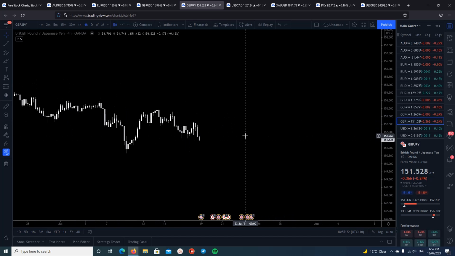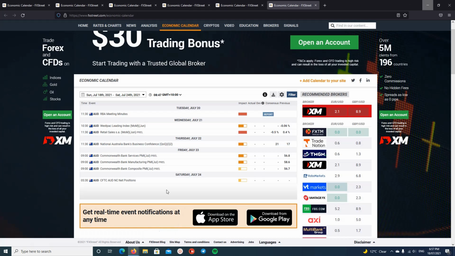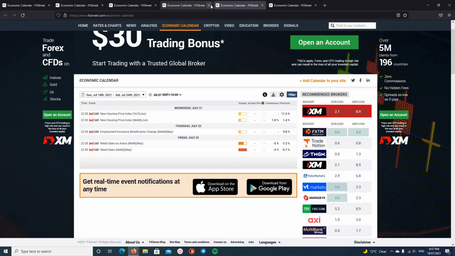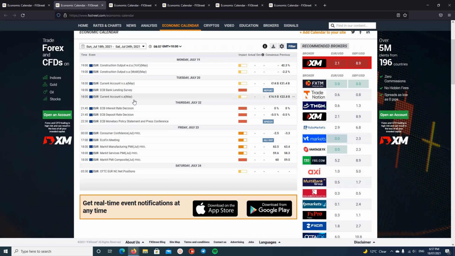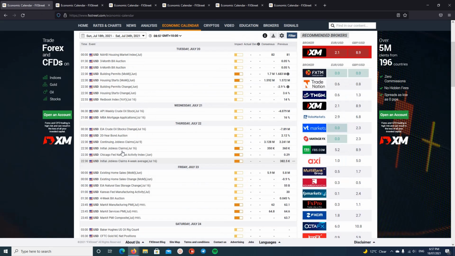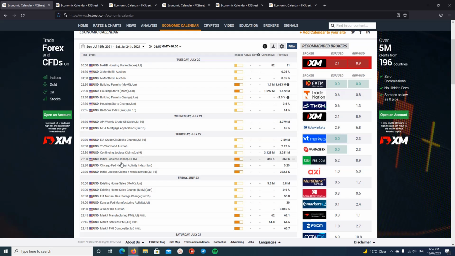GJ, like I said, we're on a bit of a risk off sentiment at the moment. It depends on what macro data is coming out this week, but we don't really have too much impactful data. You only have retail sales, that's your biggest thing this week, and the ECB, with interest rates in euro and US.